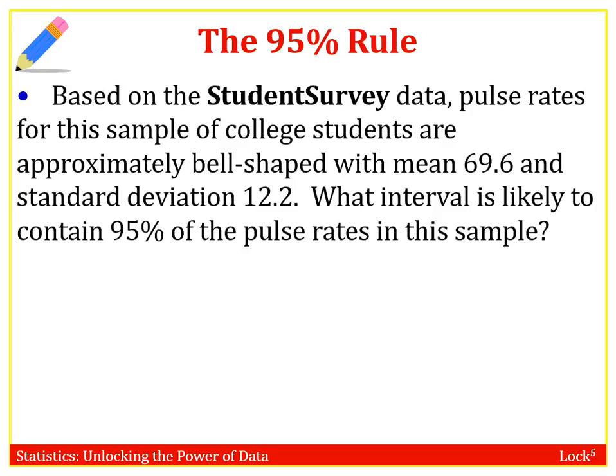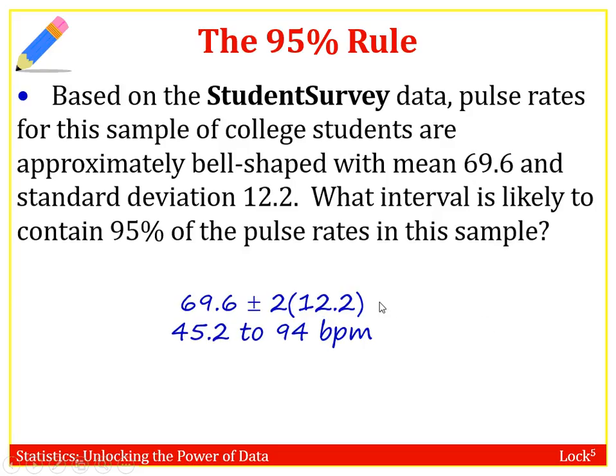So here we have a survey on pulse rates. The data is bell-shaped. We have our mean, we have our standard deviation. What is the interval that will likely contain 95% of the pulse rates in this sample? Well, we'd have to do two standard deviations, so we'd have to double this. If we double our standard deviation, we get 24.4. So we'd add 24.4 onto our mean and subtract 24.4 from our mean.